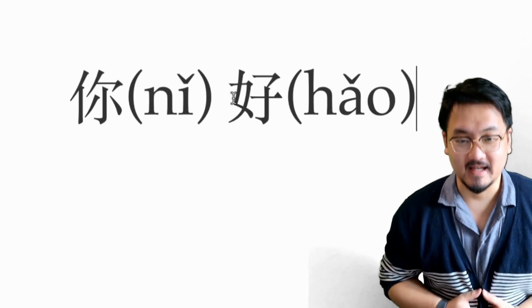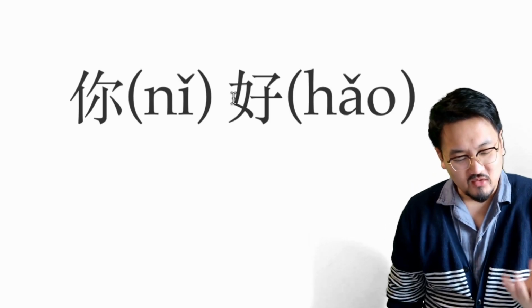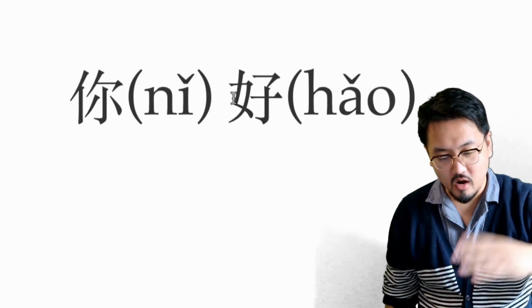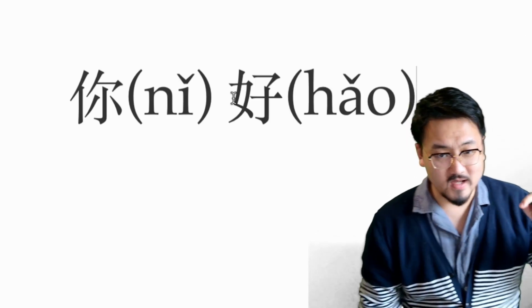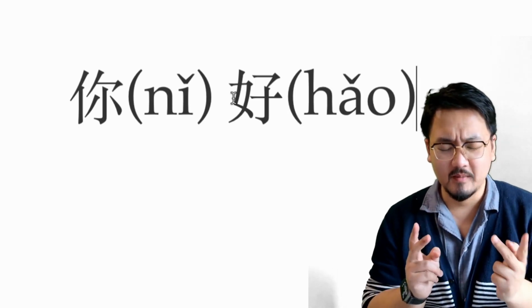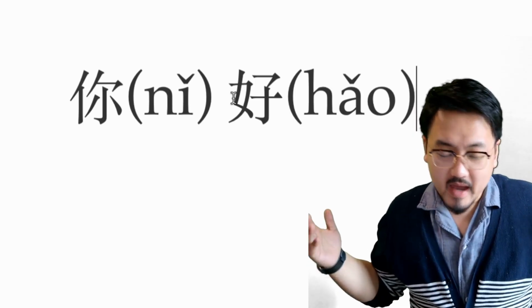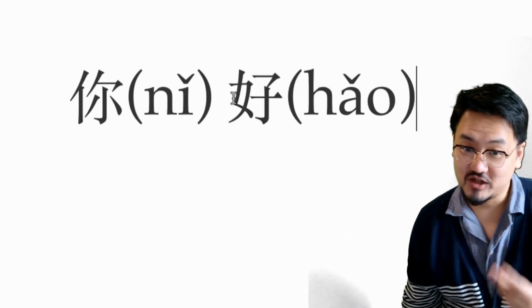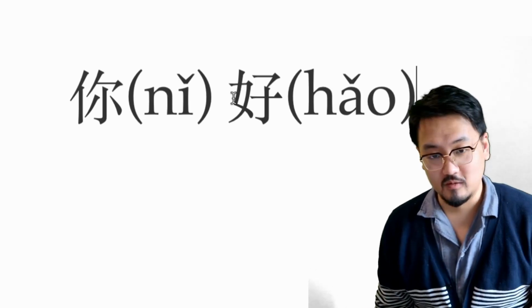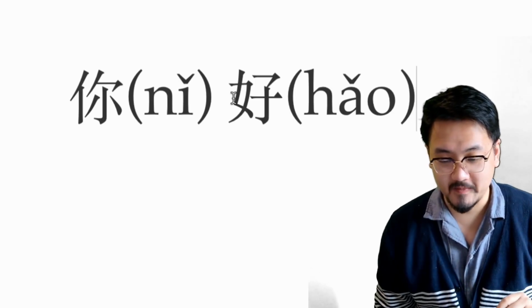So 你好 is a third tone, going down and then up. If you combine two of them together, it becomes pretty hard for humans, not just Chinese people but everyone, to pronounce. So they change it. Ni becomes the second tone.